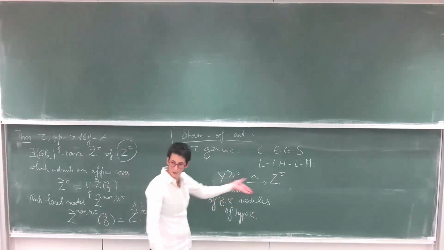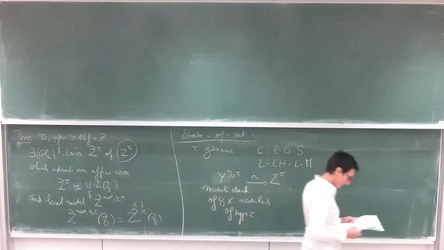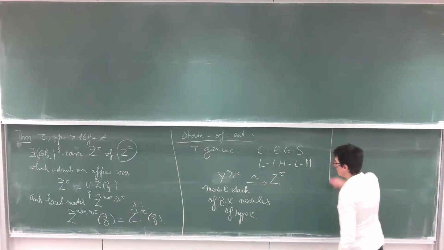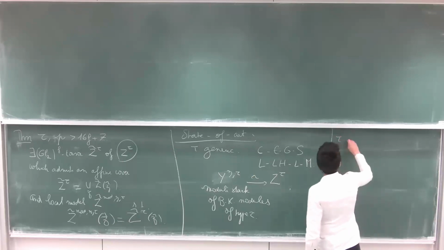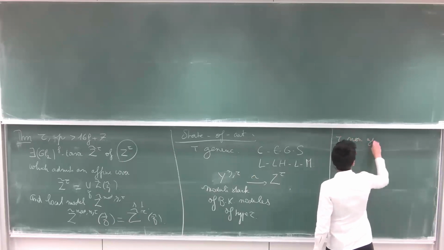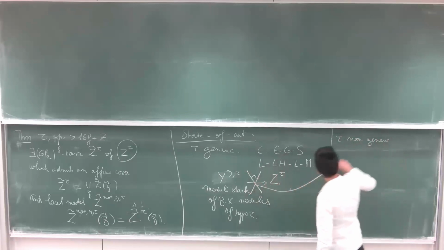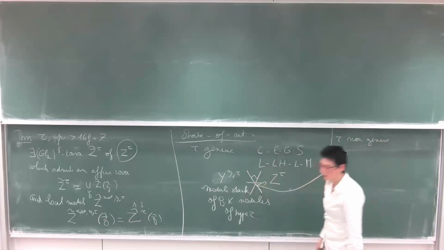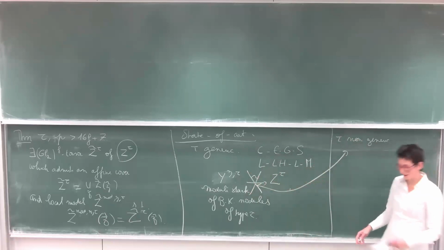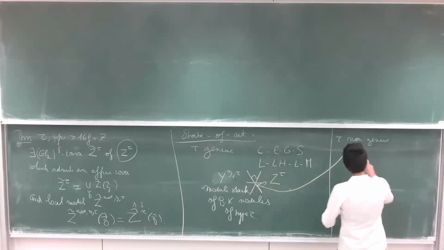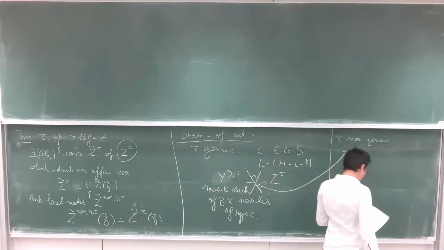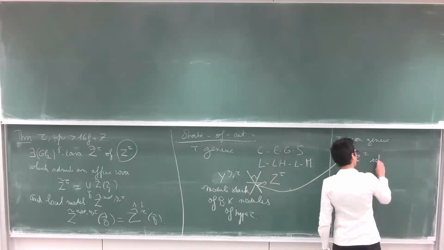So since they are the same, that's fine. But the point is when tau is non-generic, this is no longer true.